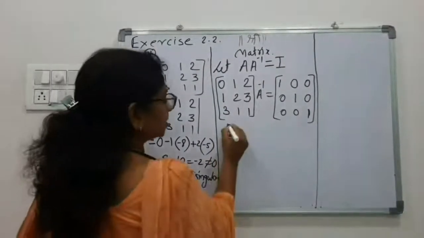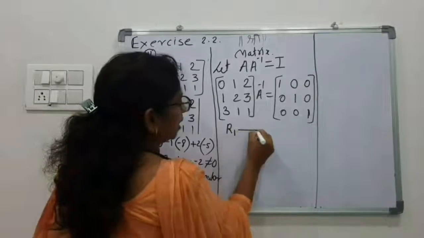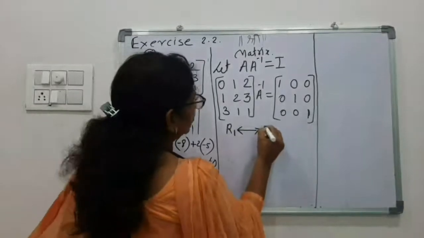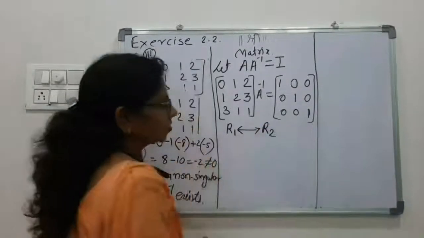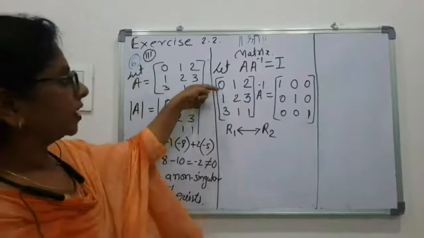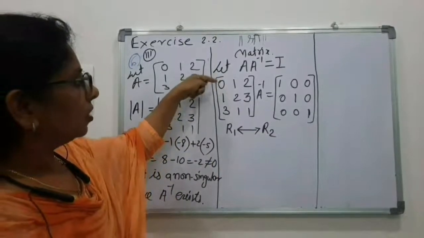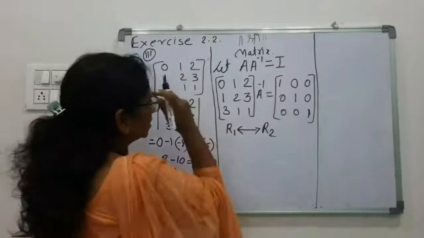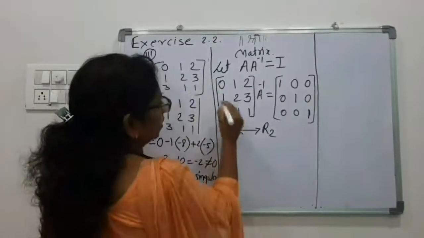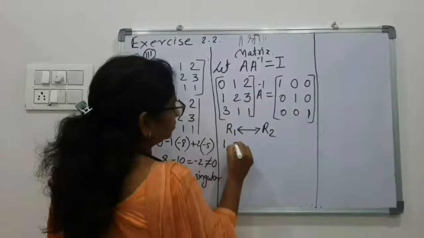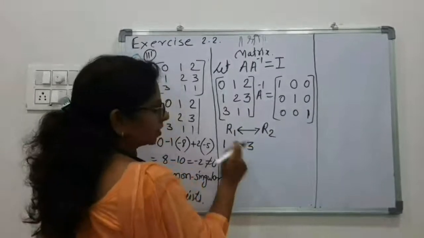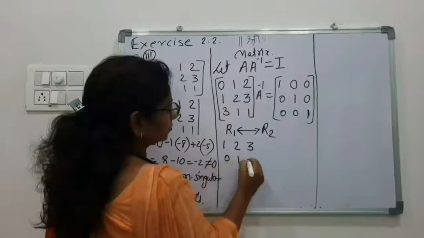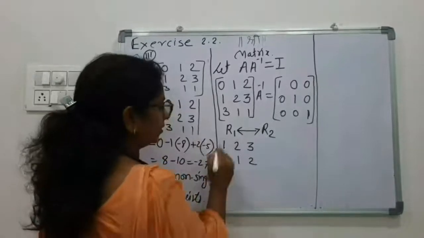So what is our first transformation? R1 interchange with R2. Simply, we will exchange the places of R1 and R2. So 1, 2, 3, this is R2, now became R1.